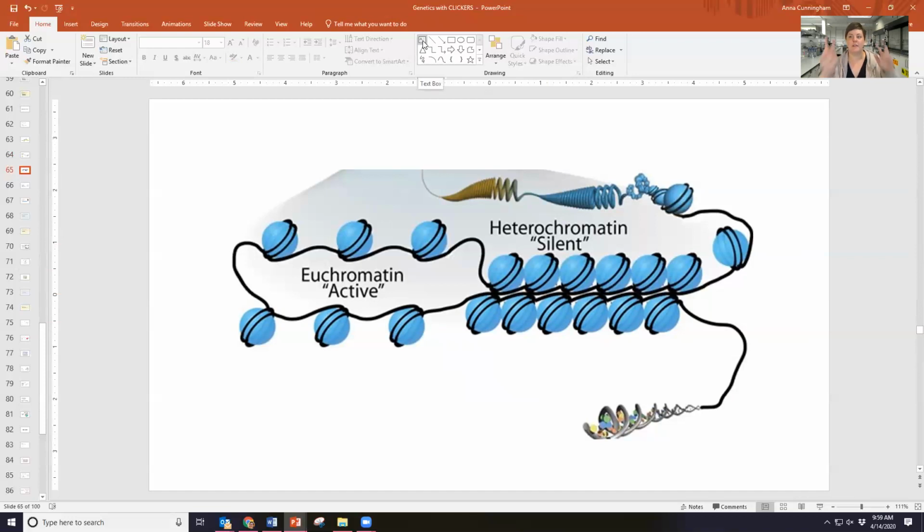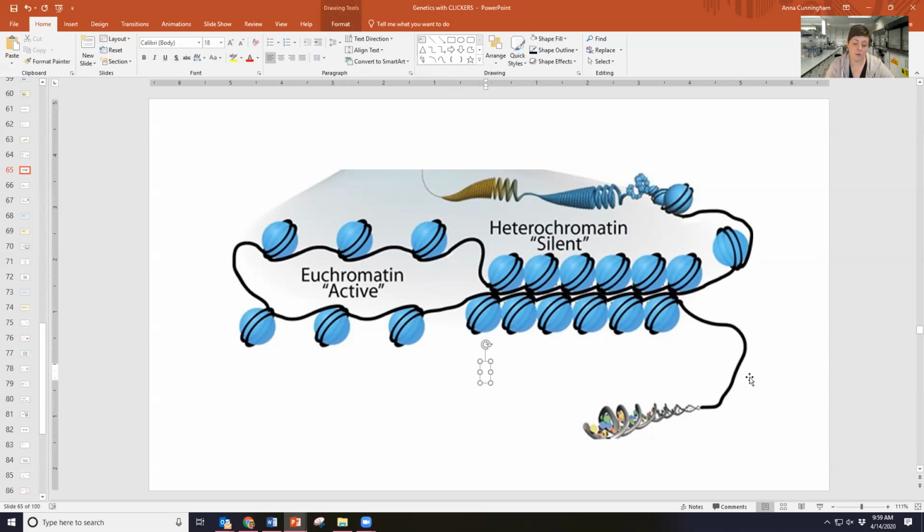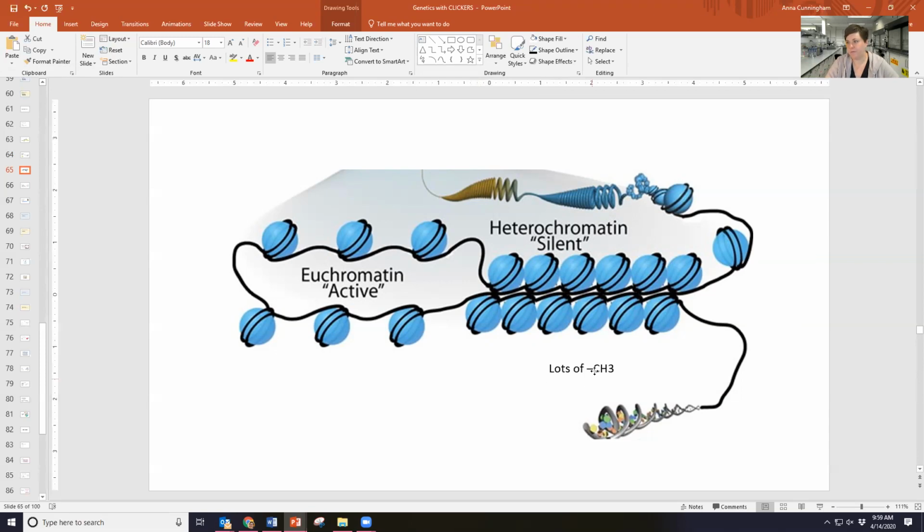Heterochromatin is sometimes referred to as silent or silenced regions of DNA. It's so condensed around those histones that our enzymes can't access that DNA, and so they can't transcribe it. If we were to look chemically at heterochromatin, we would see lots of methyl groups, all right? Because methylation causes DNA to wrap tightly around those histones, therefore silencing it.